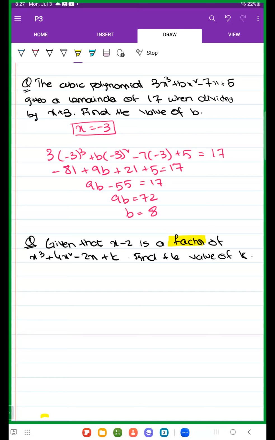What will help you in these questions is to write down the information the question is telling you. For example, if I were to do this question, I would have written down: it gives me a remainder of 7 when it is divided by x minus 2, so when x is 2, I will get 7. And a remainder of minus 34 when x is minus 2, I will get minus 34.